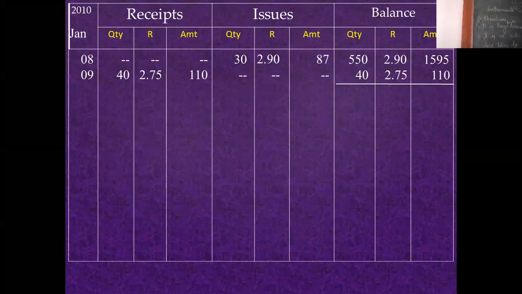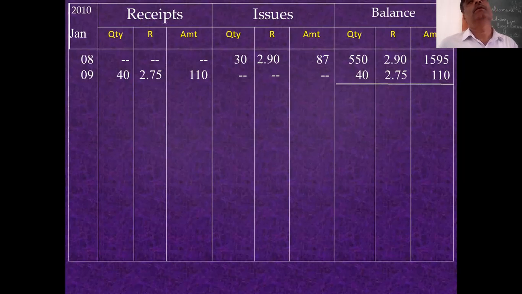In this problem, I will not follow the method first. I issue whatever quantity was returned by the production department, then I follow the method for the issue of the remaining quantity. Remember this.